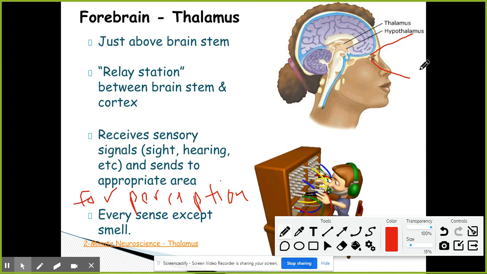It's kind of weird. But so light signals enter the eyeball, and they hit the back of the eyeball. Anybody know what the back of the eyeball is called? It has a bunch of really sensitive cells on it. The retina.